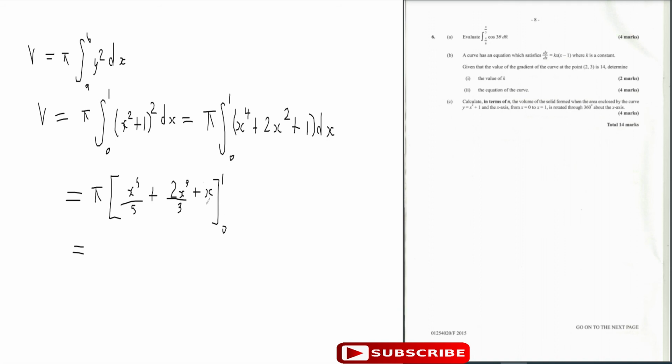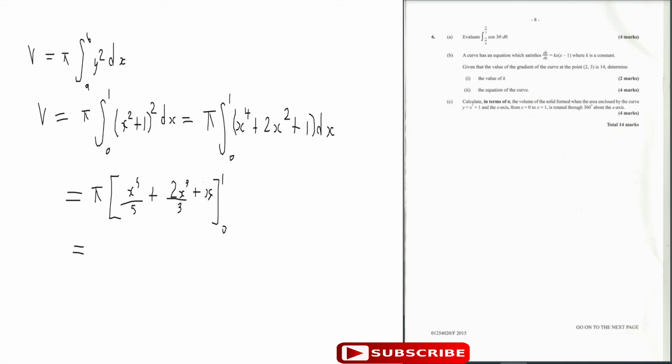So the volume is going to be 1 over 5 plus 2 over 3 plus 1. And that looks like 28 over 15.